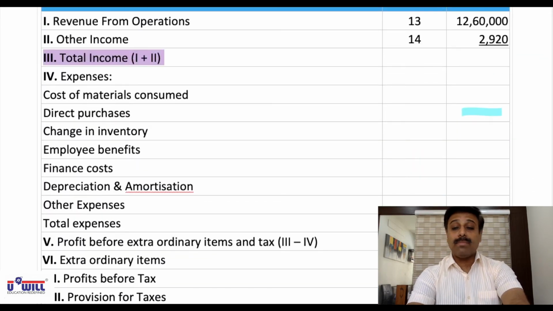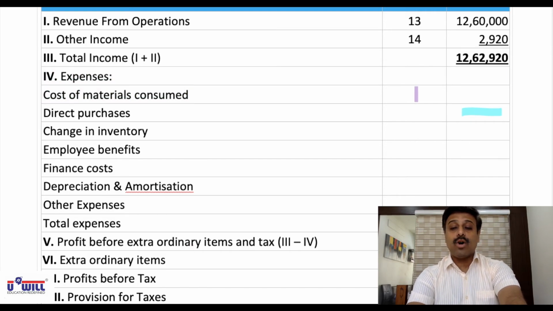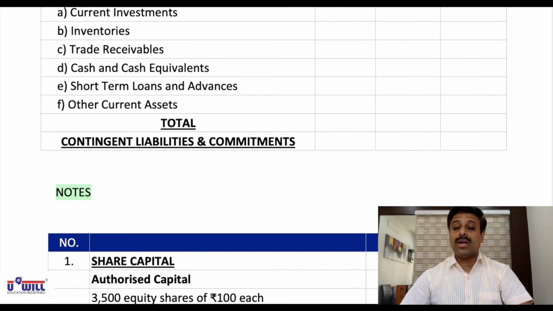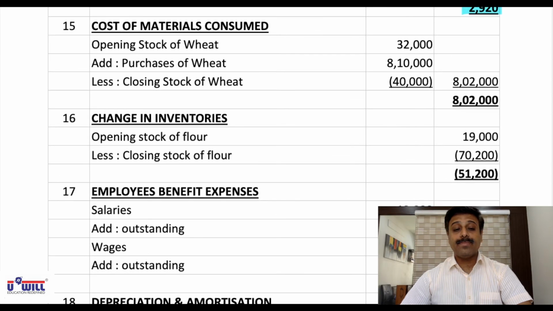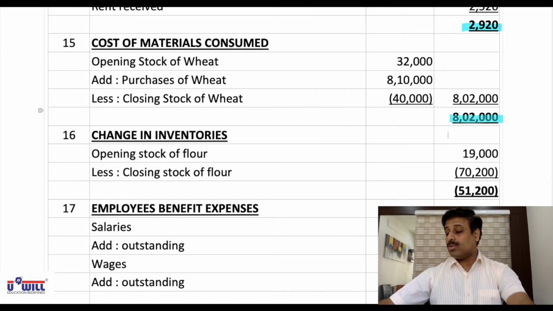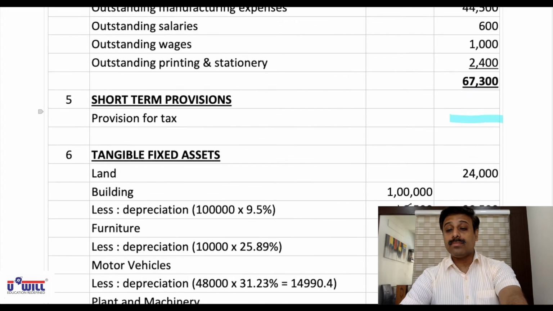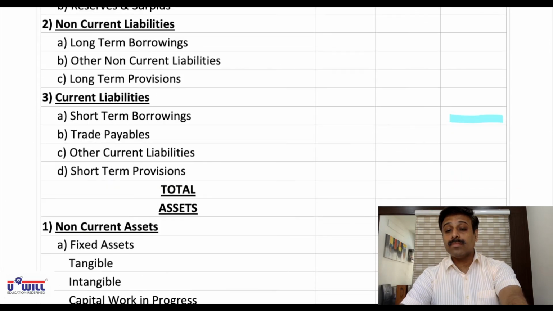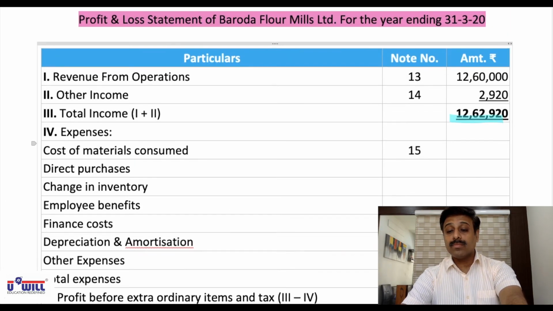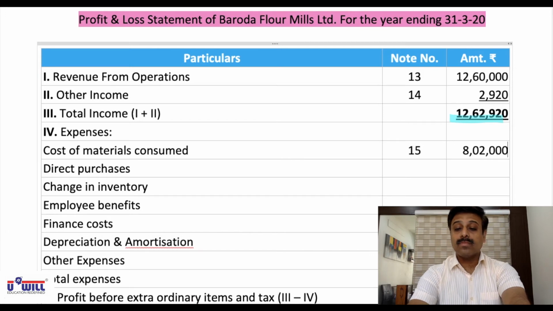Total incomes 1 plus 2, 12,62,920. Then cost of materials consumed from note number 15, 8,02,000. Then direct purchases; we don't have direct purchases.